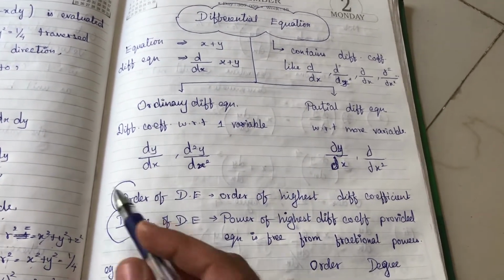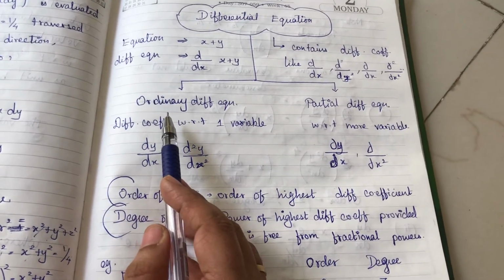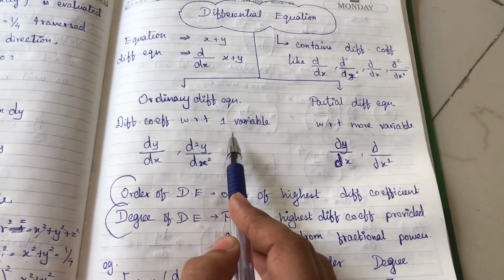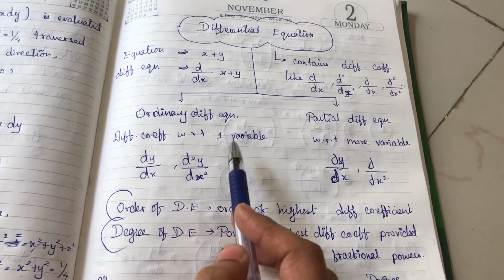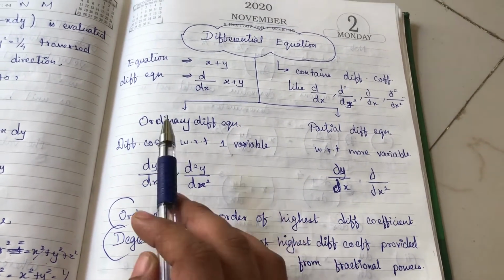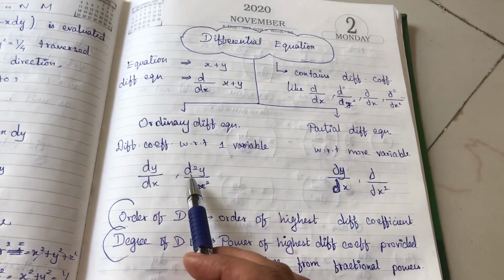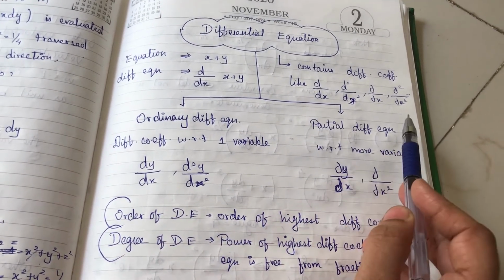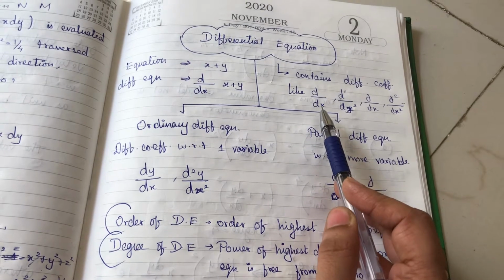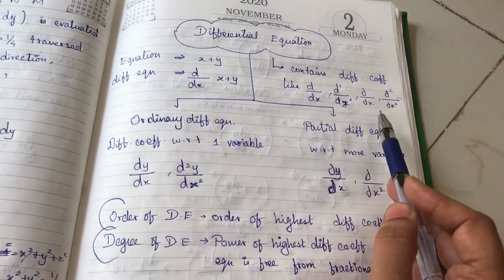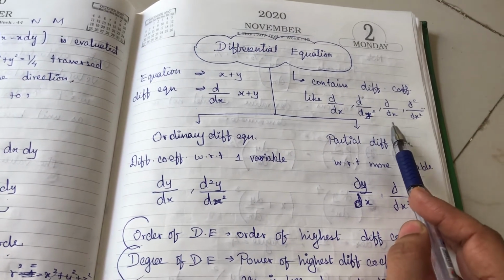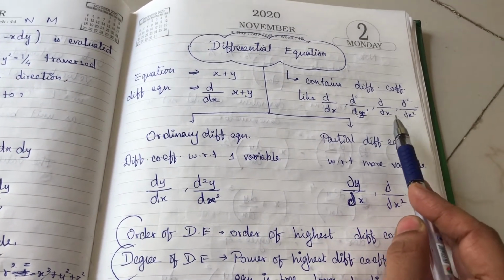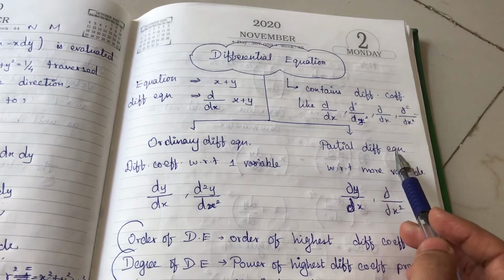So let's see that. Ordinary means what? With respect to one variable. The differential coefficient with respect to one variable means it is an ordinary differential equation. These are the differential coefficients. D by dx means with respect to x only, but here dou by dou x means with respect to x, but the other variable y will be taken as constant.